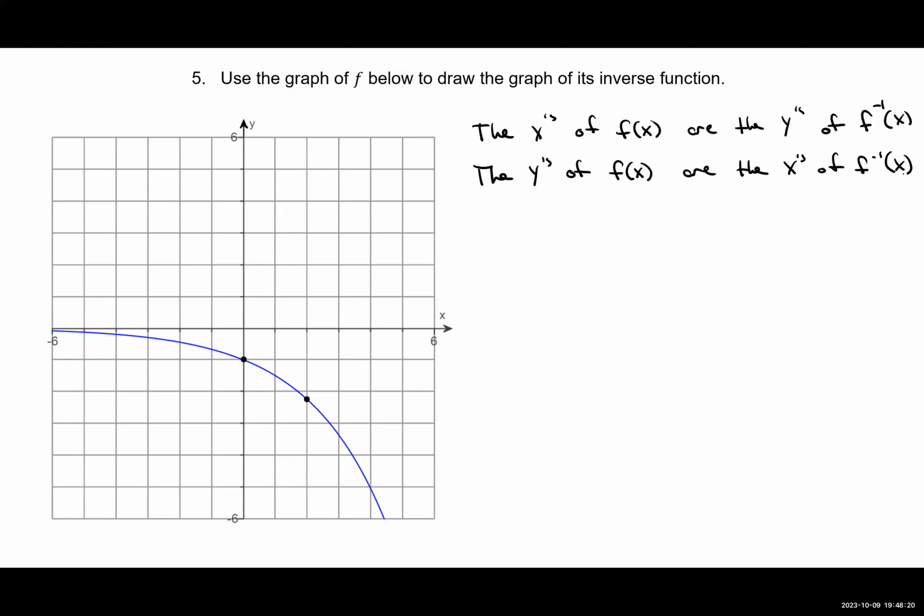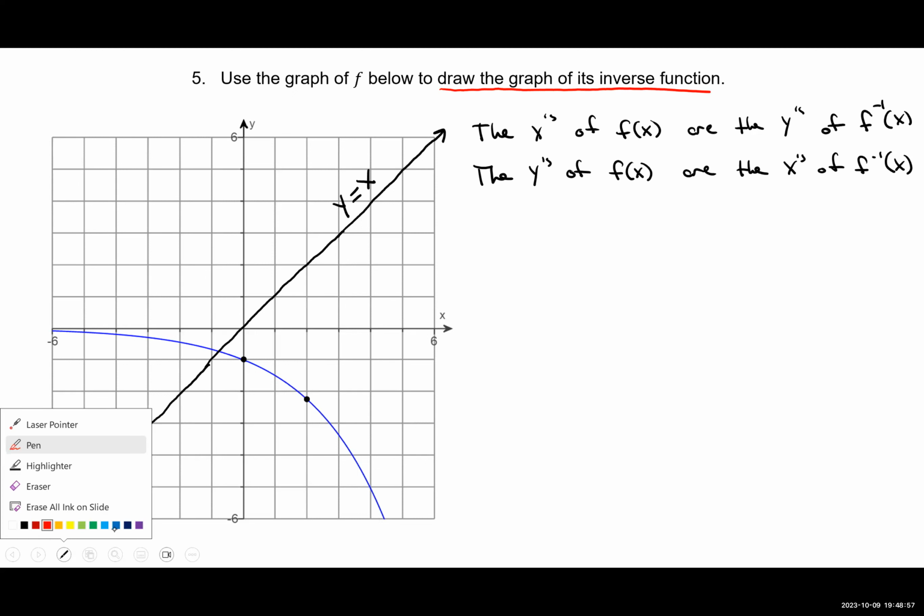So what that means graphically is that if we look at the line y equals x, which is a diagonal line, slope of 1, right? So this is the line y equals x. To get the graph of the inverse, and that's what we're trying to do here, use the graph of the function to draw the graph of its inverse function.